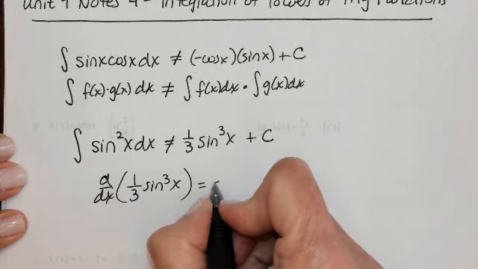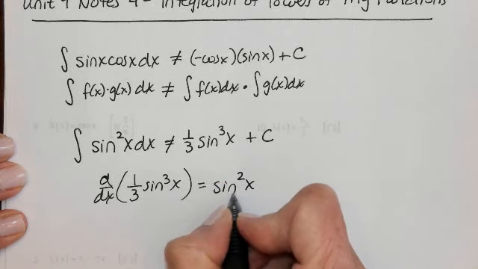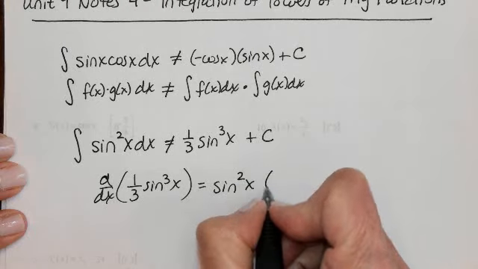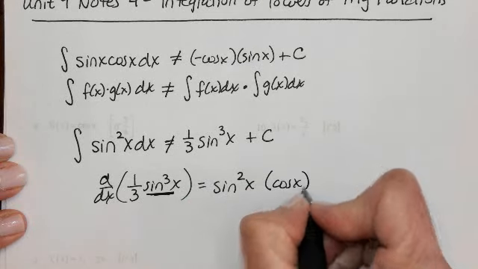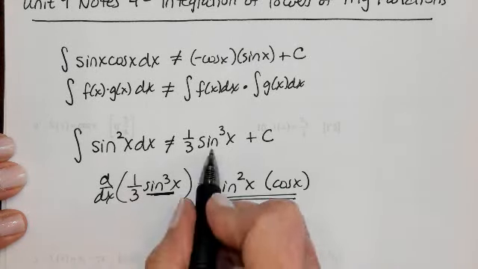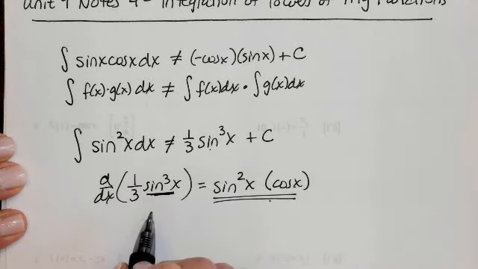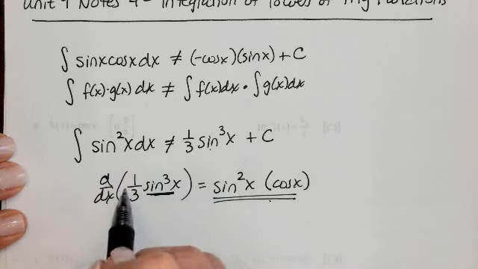And then I would reduce the power by 1. And I'd get a sine squared. But then there's a little thing called the chain rule. And then we'd have to multiply by the derivative of sine x, which is cosine x. This is the derivative of 1/3 sine cubed x. And that is not what we have in our integrand.